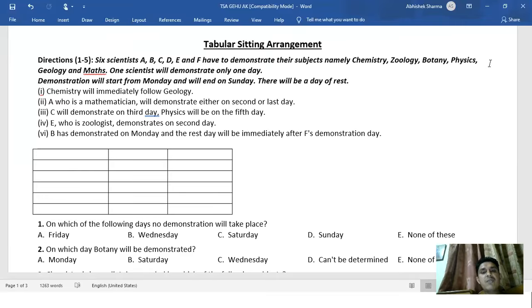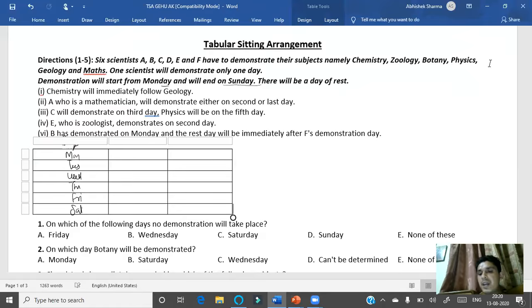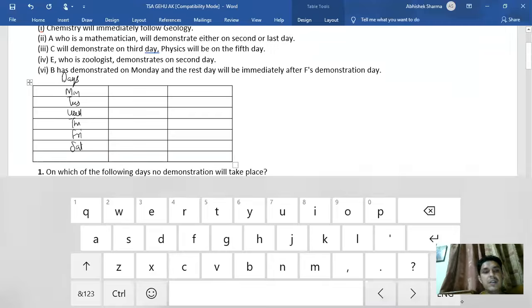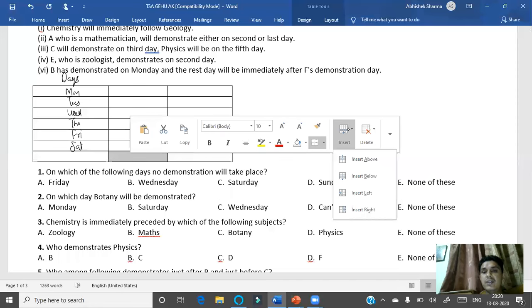So friends, the first thing that you have to do is find out whether the names of the days are given in the question. If we are reading the question, the names of the days are given. So just write the leftmost column as the master column, days, and put the names of the days serially, right?